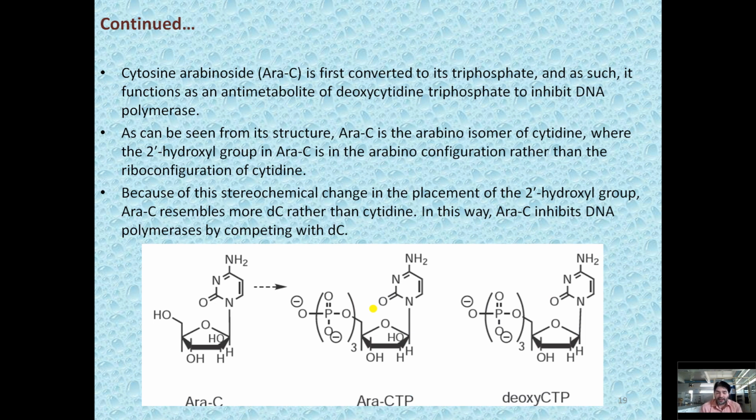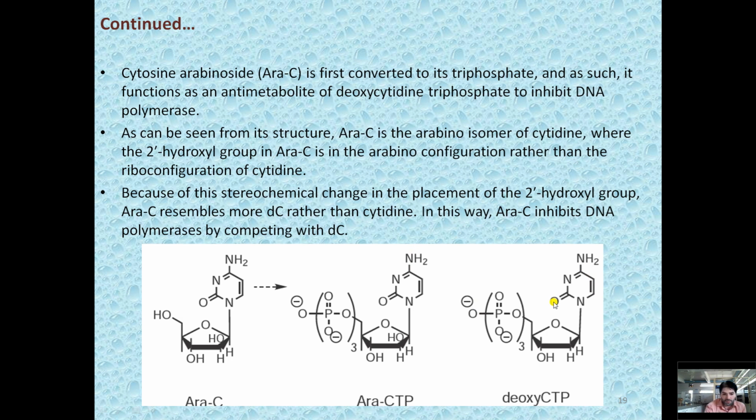In this category, cytosine arabinoside is widely used, and cytosine arabinoside is first converted to its triphosphate, and as such it functions as an antimetabolite for deoxycytidine triphosphate to inhibit DNA polymerase. As can be seen from its structure, cytosine arabinoside is the arabino isomer of cytidine. So, you can see here this is the cytosine arabinoside and this is the deoxycytidine.